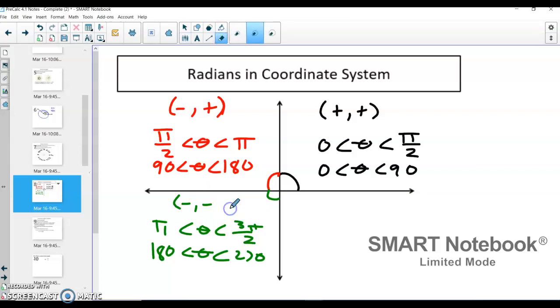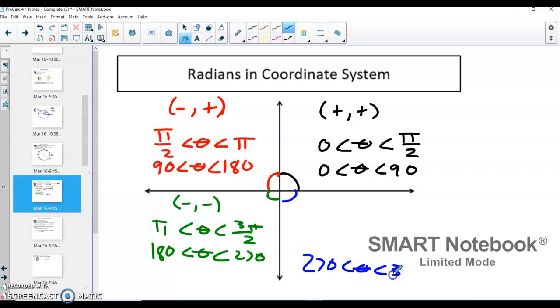Lastly, in this last quadrant, we're between 270 and 360, so that's 3 pi over 2 less than theta less than 2 pi, and that's where we're going to be positive, negative. That chart is nice, and you can see that in your written notes.